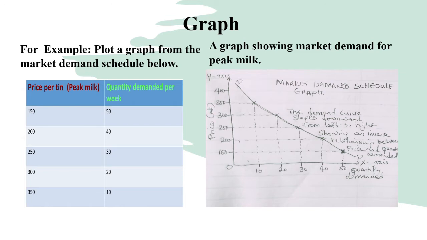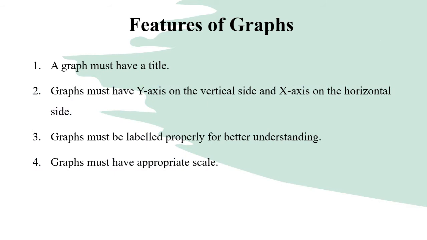So as we have stated before, features of a graph: a graph must have a title, a graph must have the y-axis, which is the vertical line, and the horizontal line, which is the x-axis. A graph must be labeled properly for better understanding.